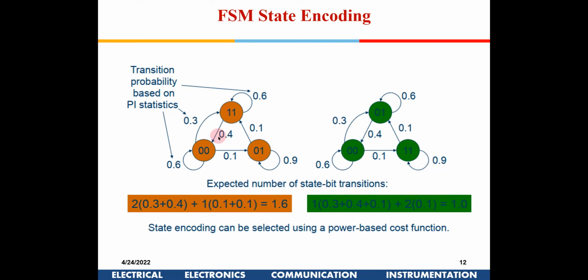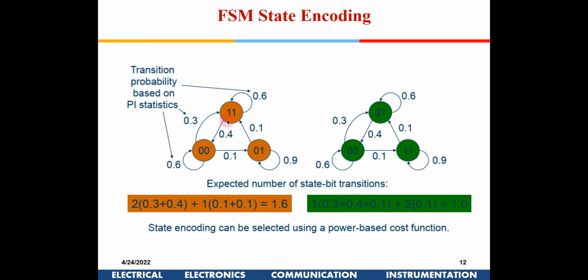So the switching activity: I have put 2 here because from 0 0 to 1 1 it is changing 2 bits, so 2 times 0.3 and 0.4. And here it is 0.1, because only one transition happens from 0 0 to 0 1, only one bit. Similarly from here to here also it is 0.1, from 1 1 to 0 1, so I write only 1 into 0.1. So the total switching activity is 1.6.